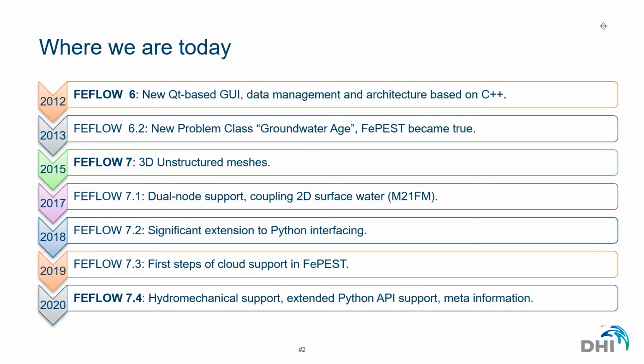In the last years, as you can see in this timetable, we have had releases on a yearly basis. Typically, we have 2 releases per year: a minor release in Q1, at the end of March, beginning of April, and 1 major release normally at the end of November, beginning of December, like this year with FEFLOW 7.5.